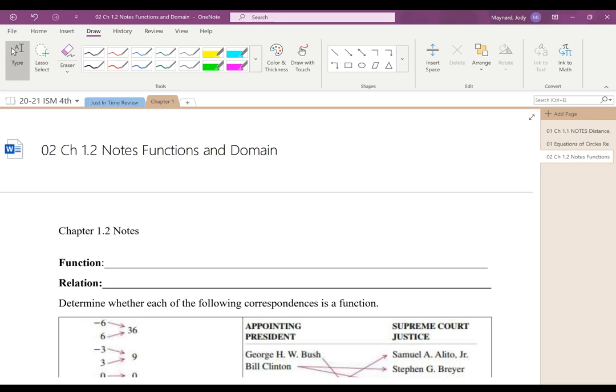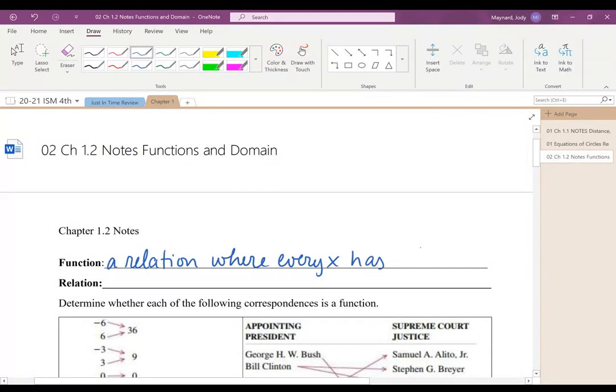So the first thing we're going to look at is functions. So our function is a relation where every x has only one y value.